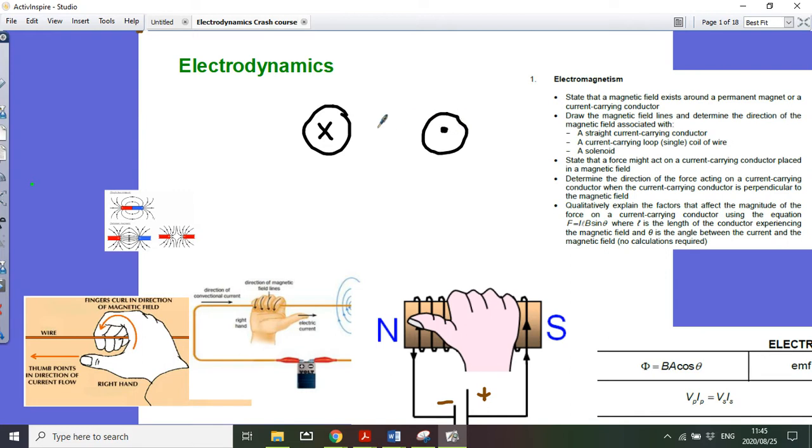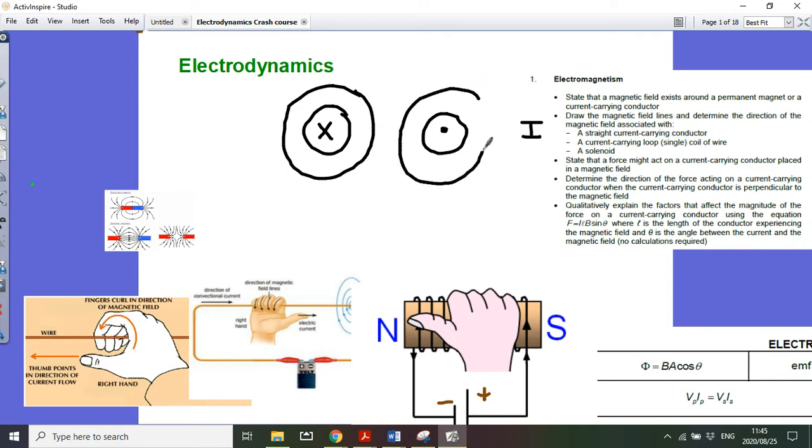And if the current is flowing, remember the symbol for current is I. If there's current flowing in the conductor, then you will see, and I hope you did this in class, when we place little compasses around this wire, the compasses all align in a specific direction, and they will form a circle around these wires that now have current flowing in them.